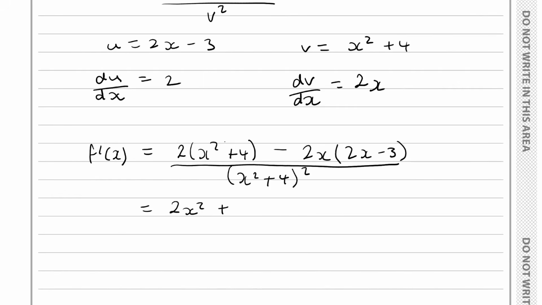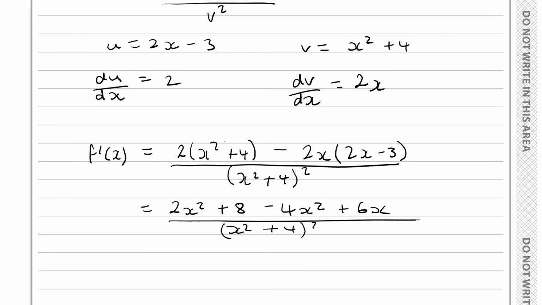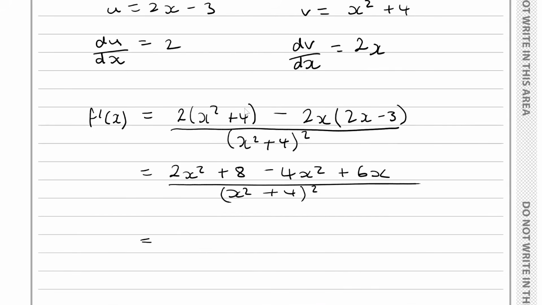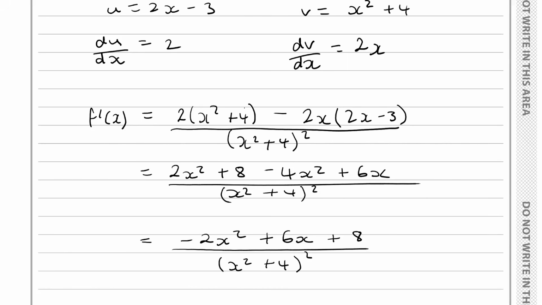So 2x squared plus 8 minus 4x squared plus 6x. So that gives us, we want it in the form ax squared plus bx plus c. 2x squared minus 4x squared is negative 2x squared. We've got 6 x's and we've got 8. And it's over (x squared plus 4) squared. So that's in the form we wanted.